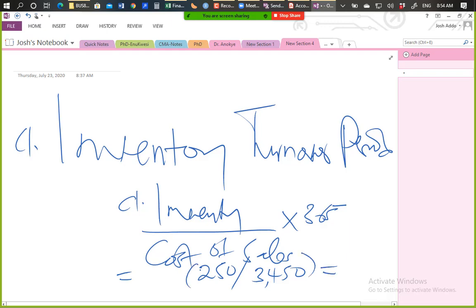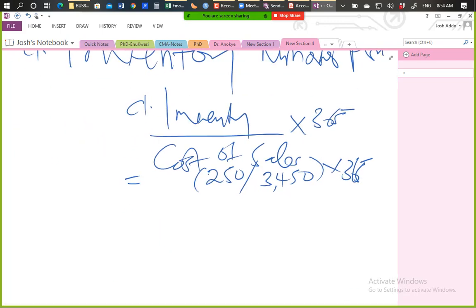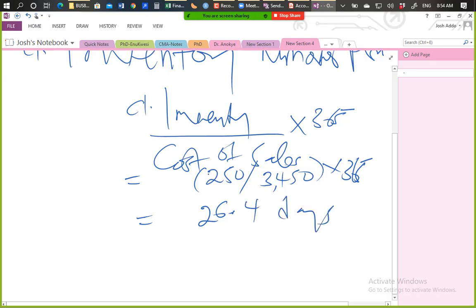What will this be equal to? It's 26.4, which is equal to 26.4 days. Remember to bring the days because we are measuring the whole thing in days, which is approximately 26 days.